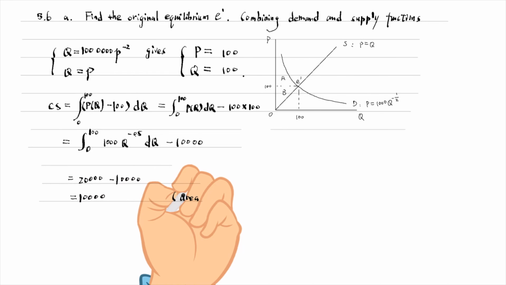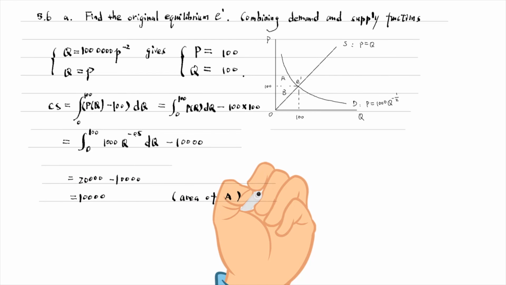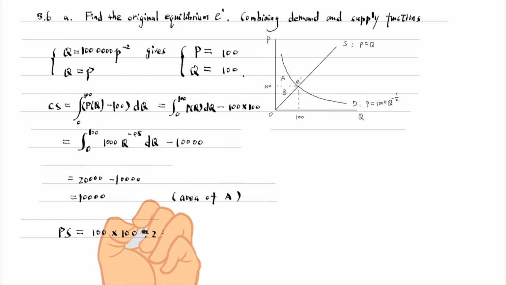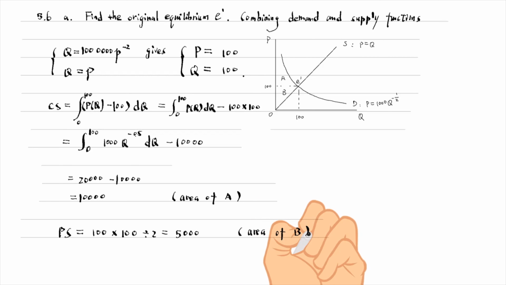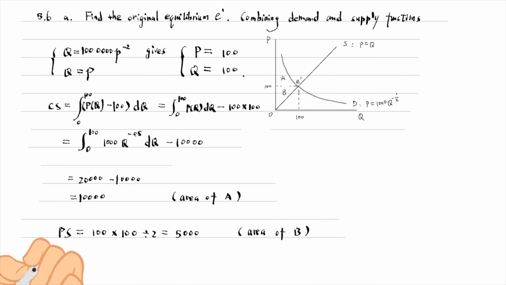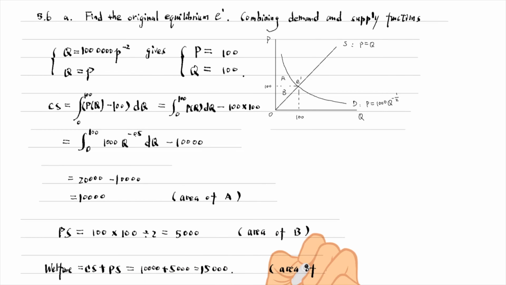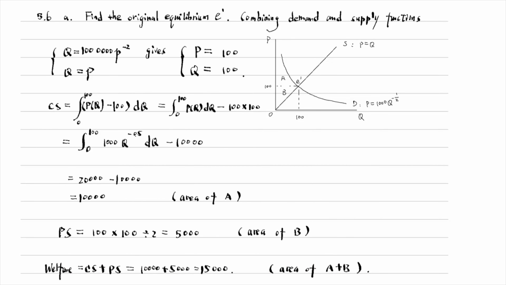It is 10,000. It's the area of A. The producer surplus is the triangle area of B. It is 5,000. The before subsidy welfare is the sum of consumer surplus and producer surplus, which is 15,000.